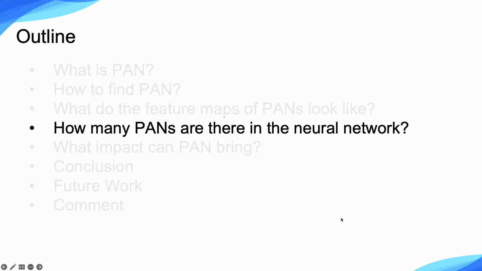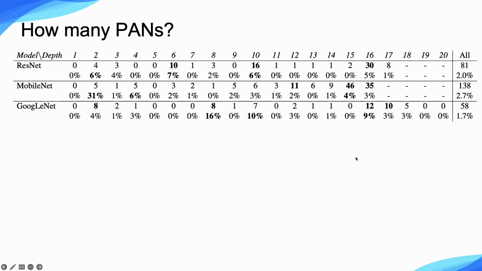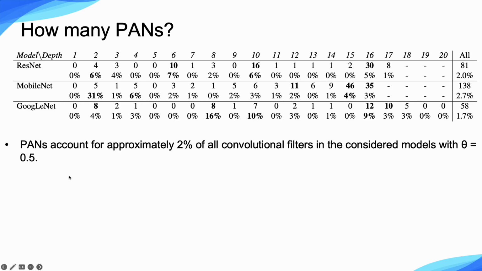So how many pens are there in the neural network? In this table, you can see that pen accounts for approximately 2% of all convolution filters in the considered models, ResNet, MobileNet, and GoogleNet, with the CDA set to 0.5.